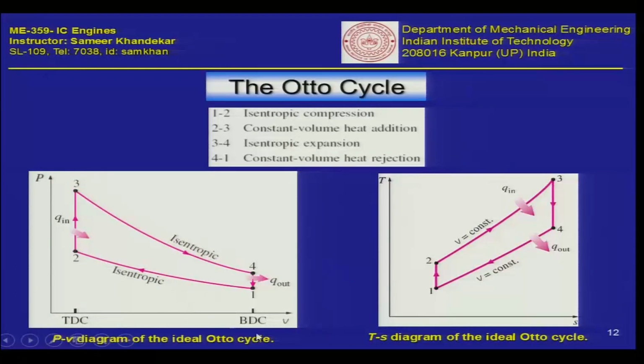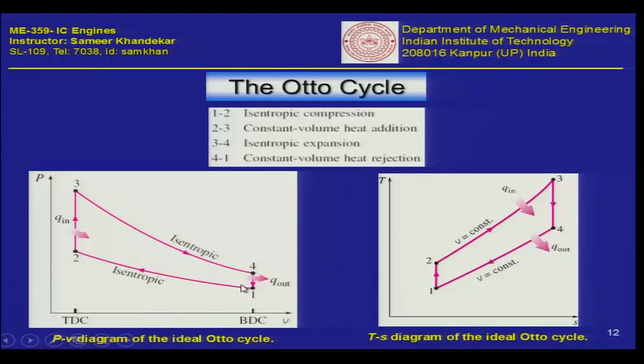It is the PV diagram, and on the right it is the TS diagram. It is the same cycle represented on 2 different planes. One is the pressure volume diagram, which gives us useful information, and in certain cases you can get very good insight from the temperature entropy diagram also.